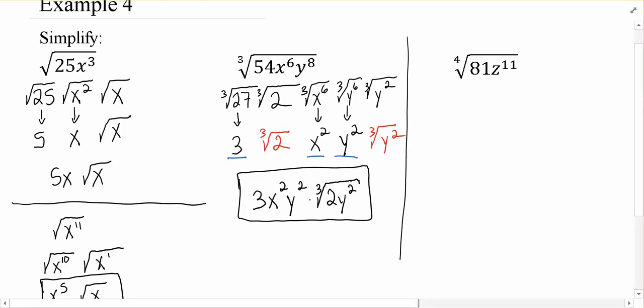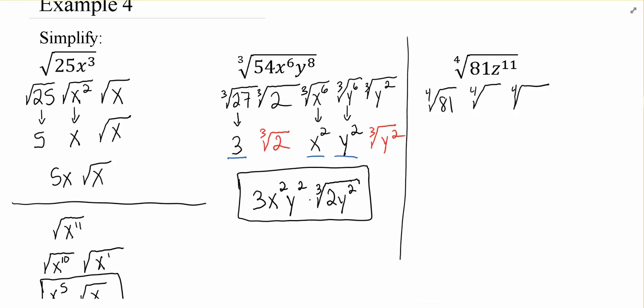We're looking at fourth roots now. In the break it up step for 81, 81 is already a perfect power of 4, so there's nothing to break up there. So let's talk about z to the 11th. For z to the 11th, if we're trying to break this up as a power of 4, then we're really saying I need a number that's less than 11 that's divisible by 4, or in other words, a multiple of 4.